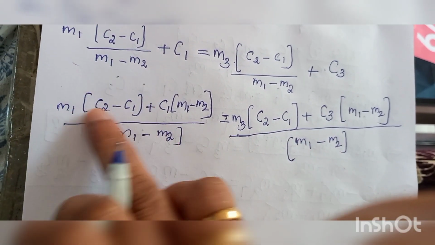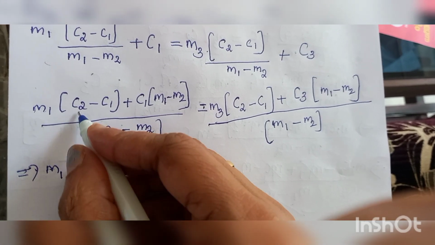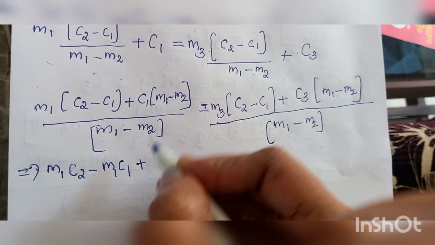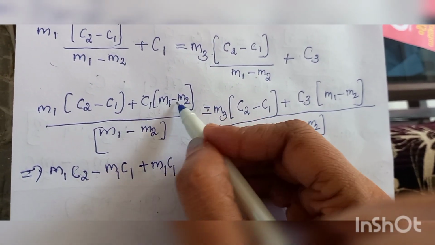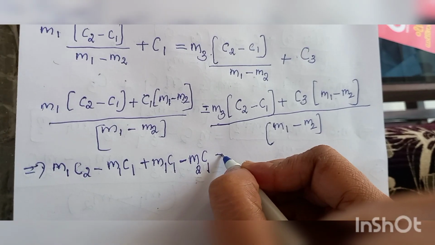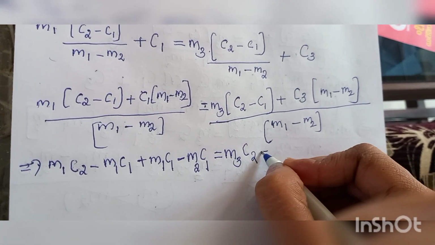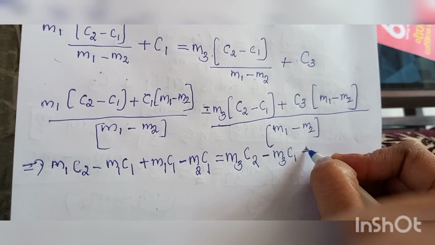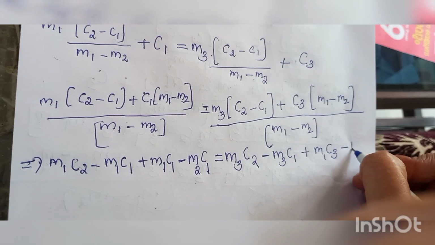Then next step, we have to remove the bracket, which implies we can write m1c2 minus m1c1 plus m1c1, so here minus, minus m2c1, which is equal to m3c2 minus m3c1 plus m1c3 minus m2c3.